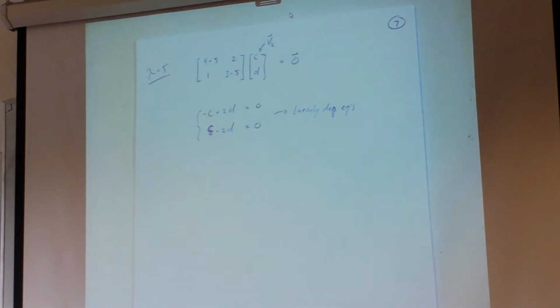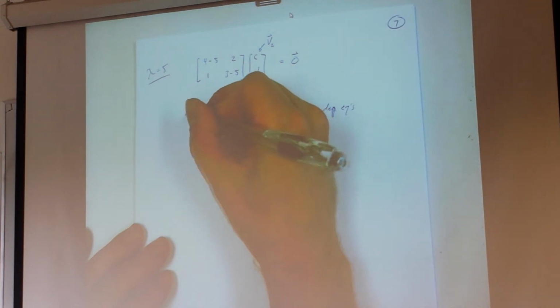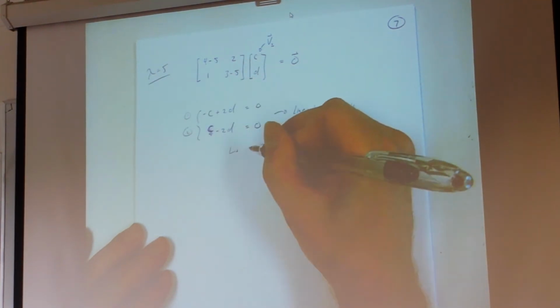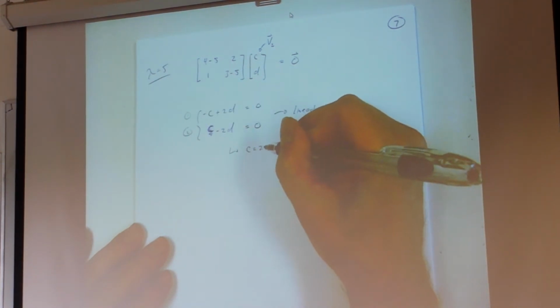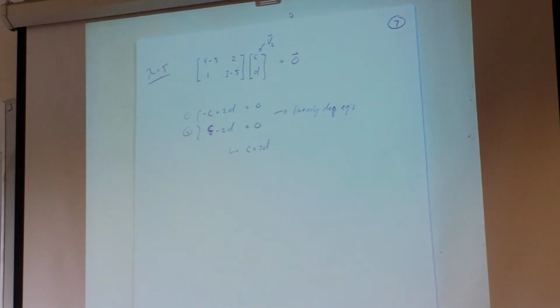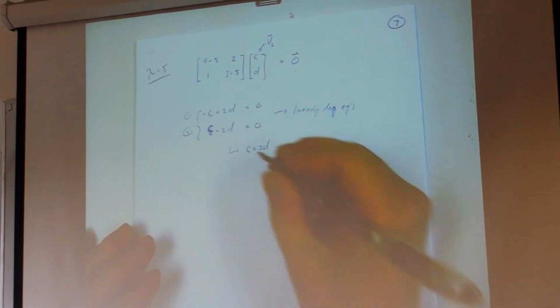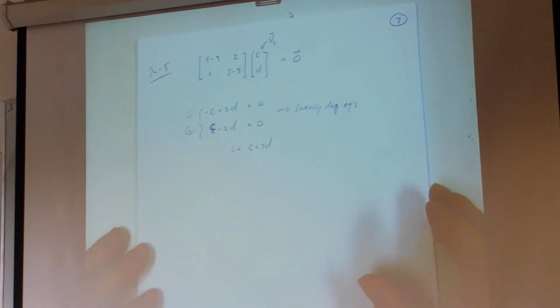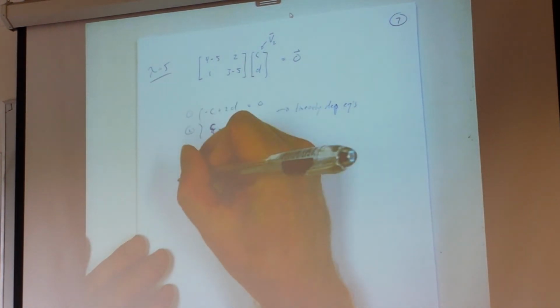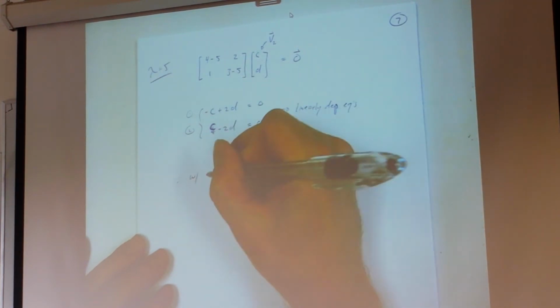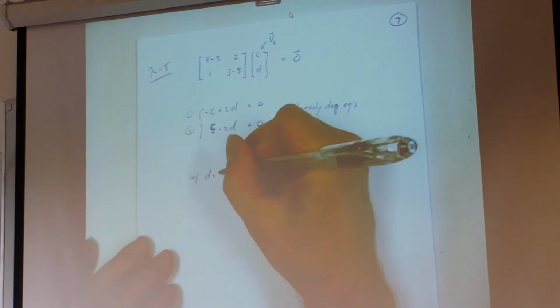All right. But one thing I can say is that C equals 2D from equation 2. So we can find a particular vector by taking D to be whatever we want. Take D equal to 1.